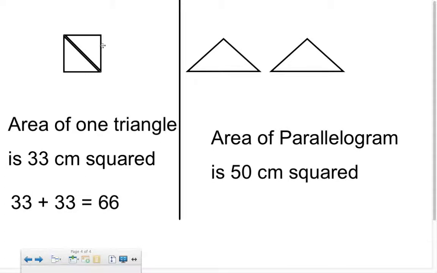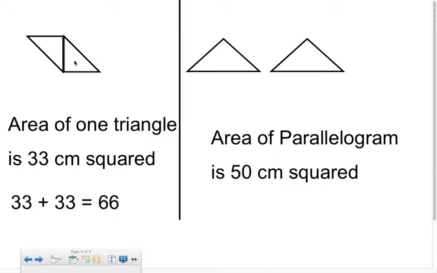In fact, if I took this triangle off and I put it over here to make a weird shape, even though the triangle is in a different place, it's still the same triangles. So if I told you one triangle is 33 centimeters squared, how much would the entire parallelogram be worth?